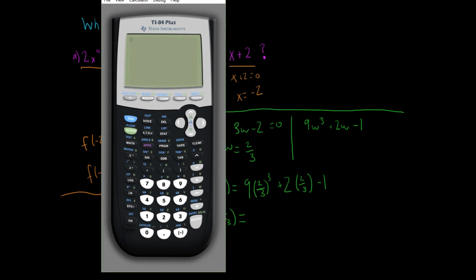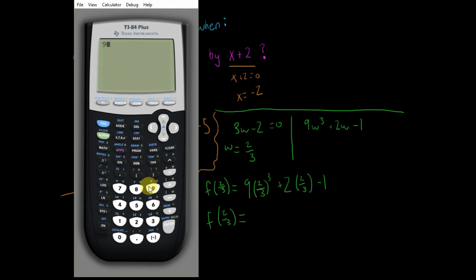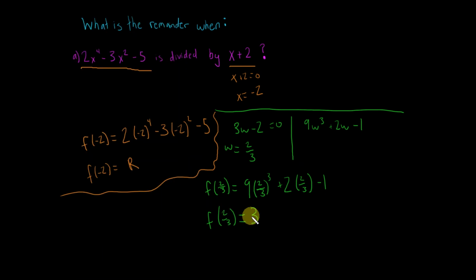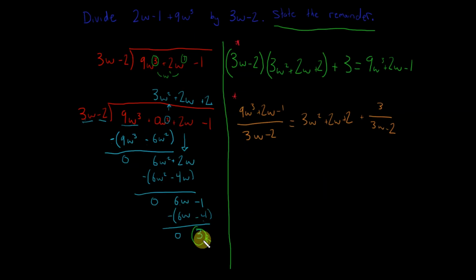So this will be equal to 9 bracket 2 over 3 bracket to the power of 3 plus 2 divided by 3 minus 1, which will be equal to 3. Now if we look back to our other slide, the remainder was indeed 3. Right here.